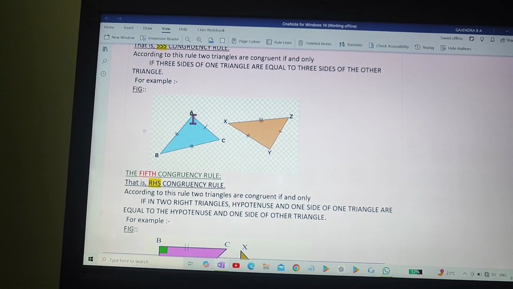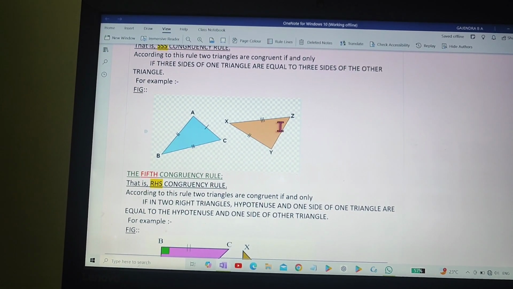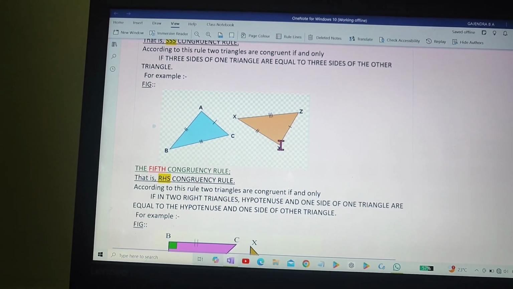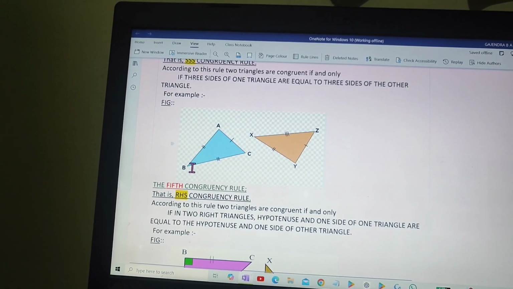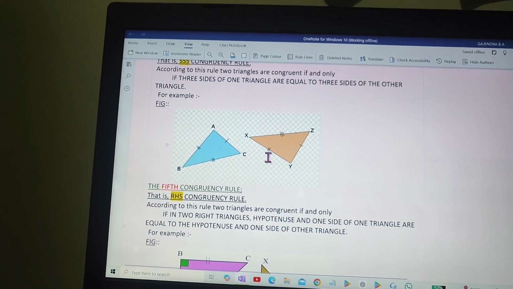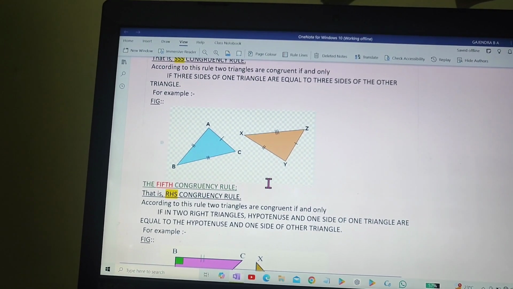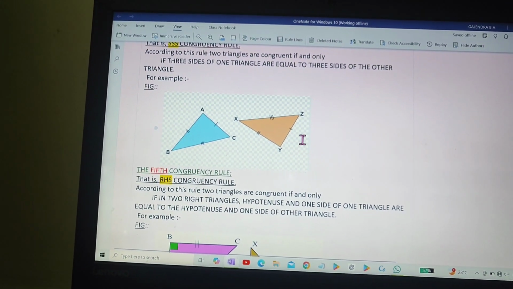Here side AC is equal to side YZ, side BA is equal to side YX, and side BC is equal to ZX. Therefore, triangle ABC is congruent to triangle XYZ.